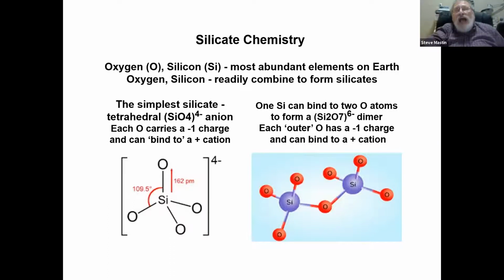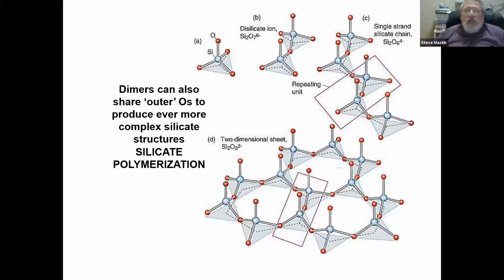And each of the outer oxygens in the middle oxygen now has all of its extra electrons shared, but the outer oxygens still have an extra electron, so it has a -6 charge. Right? And now it gets more complicated because dimers can continue to share their outer electrons, and so you can produce chains and then these big 2-dimensional sheets.